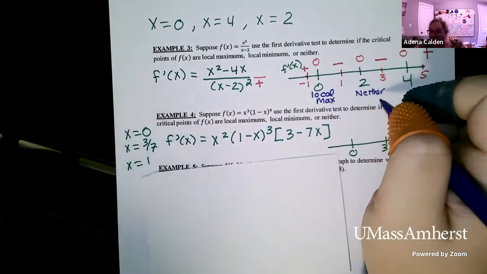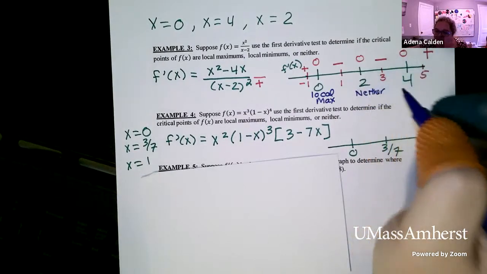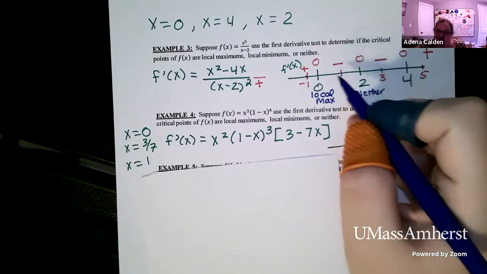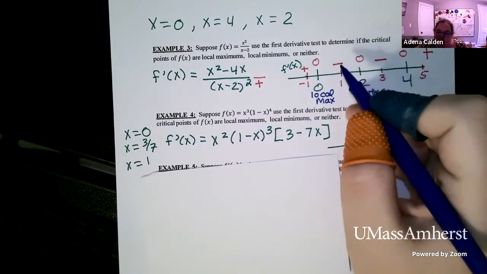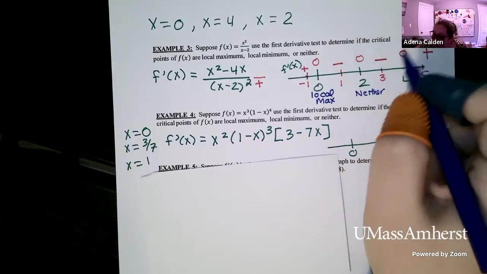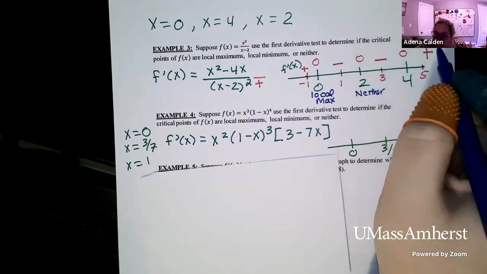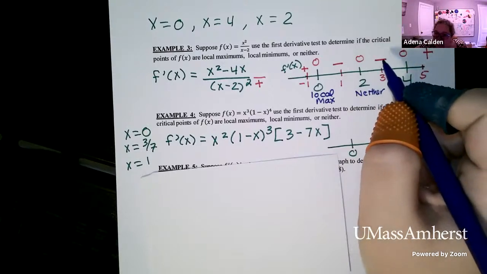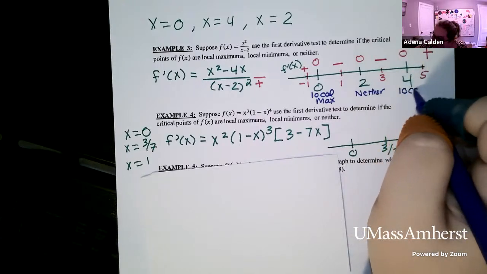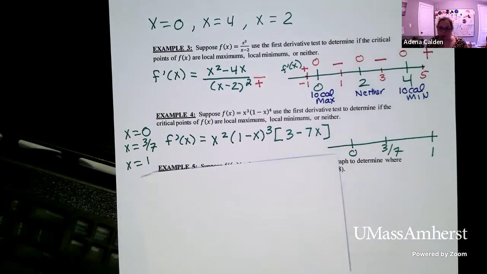And we know from the graph that's because I actually have an asymptote. So I don't have either. It's just sort of a weird discontinuous spot, and I can identify that because the sign does not change around 2. At 4, I'm going from negative to positive. Negative means I'm decreasing, and positive means I'm increasing on the original function. So decreasing to increasing means that 4 is going to be a local minimum.